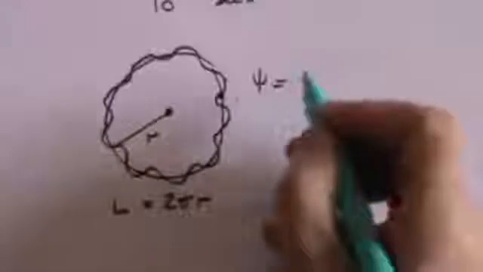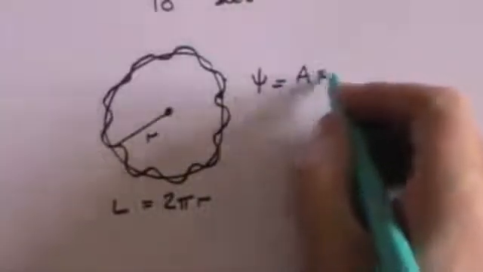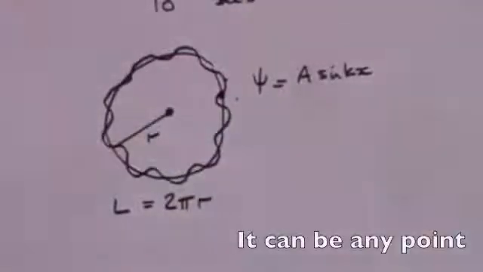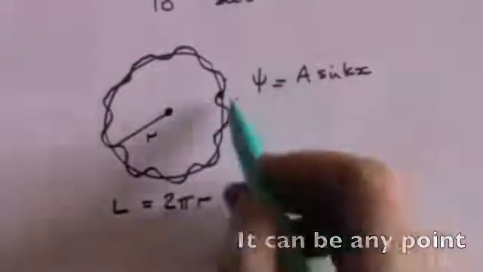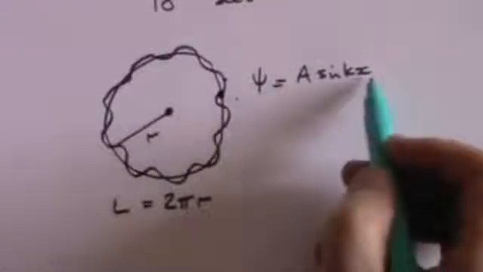So let's assume a wave function for this wave. A simple wave function is psi equals a times sine of kx. That's very simple. Let's take a node on our travelling wave, represented by this formula here.